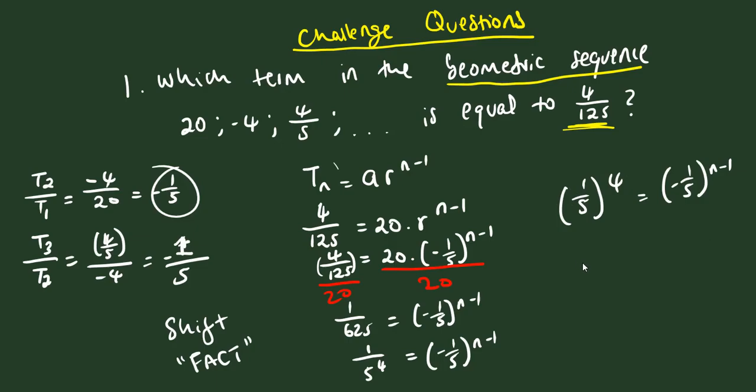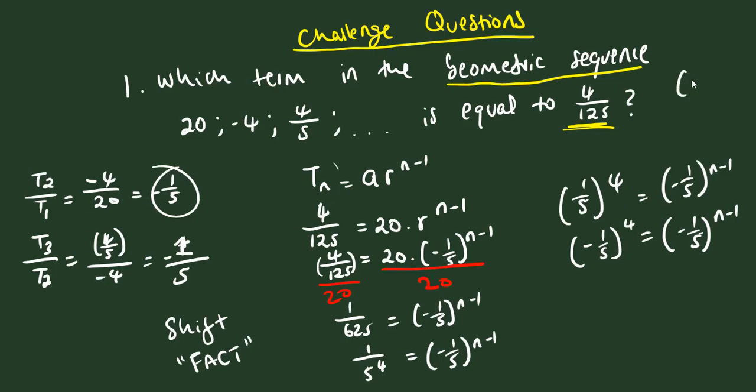Now, since this is an even exponent, I can write that 1 over 5 is negative 1 over 5, so that it is the same as the one on the right. Remember, the bases must be the same so that we drop the exponents. Why am I saying this is true?